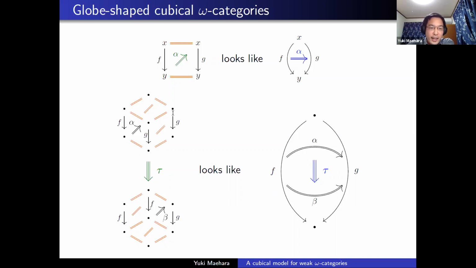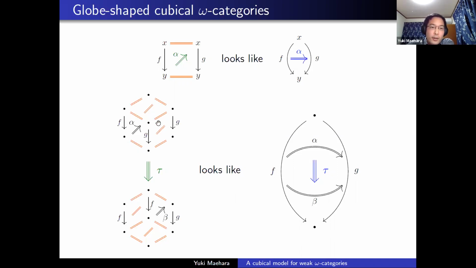But if you look at the 6 faces of the cube, for example, the top face here is really the identity 2-cell on the identity 1-cell on the object. So this whole face you can collapse to a single point, which corresponds to the top point here. Similarly, the bottom face here you can collapse to a single point here.